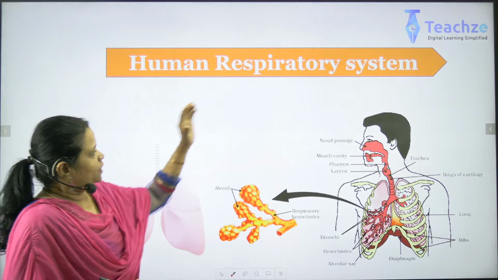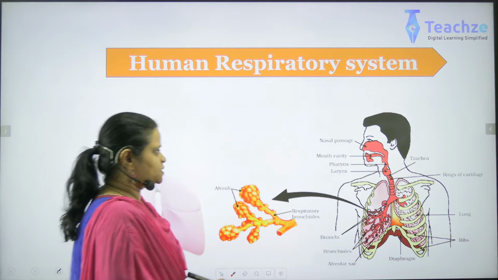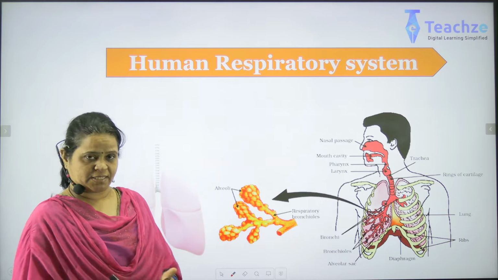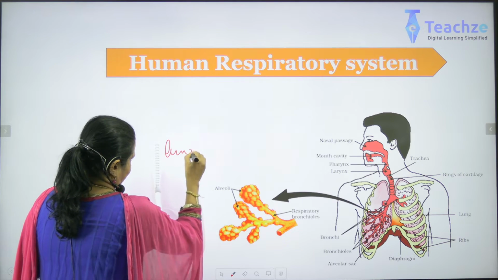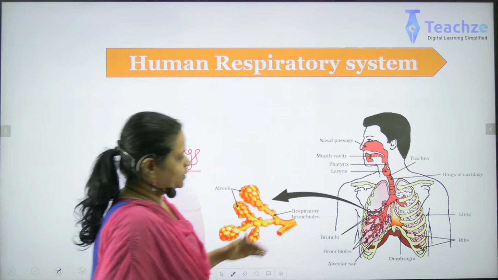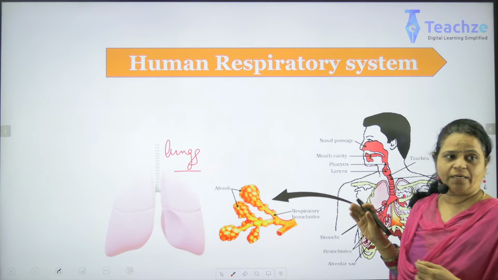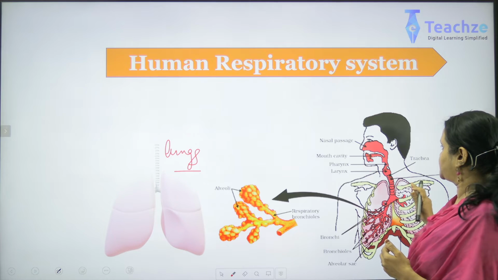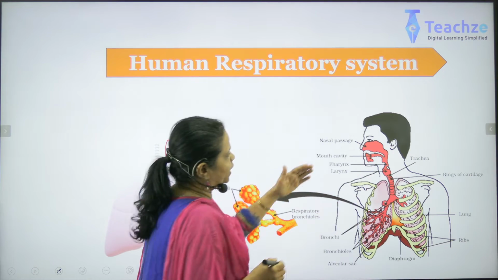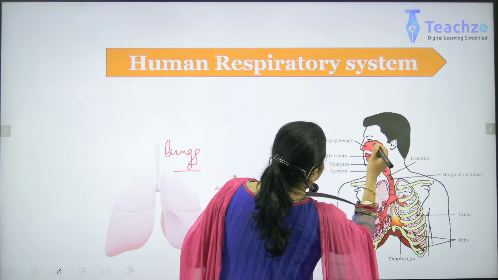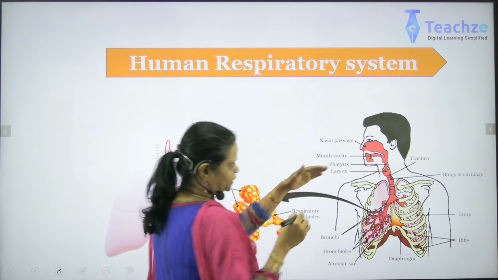Now, on the screen, you have the structure of the human respiratory system. On the left, you have the lungs, and here on the right, you have the different parts of the respiratory system. What are the different parts? We will just touch the parts first.